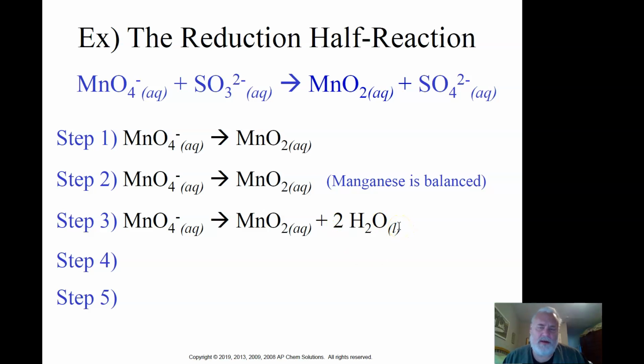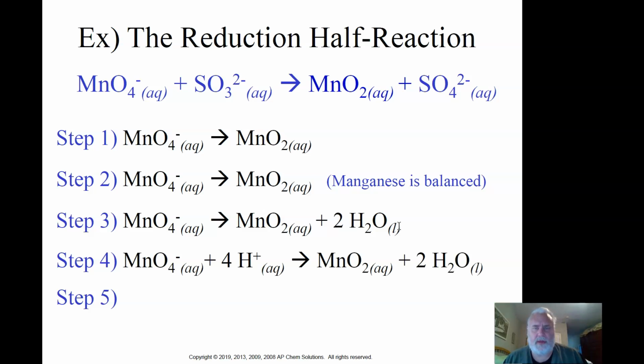As you can see, I'm going to go through this a little faster, so don't hesitate to hit pause if we're going too quickly here. And right at this point, you've got the 4 hydrogens over there to compensate for the water that you added to the right side.